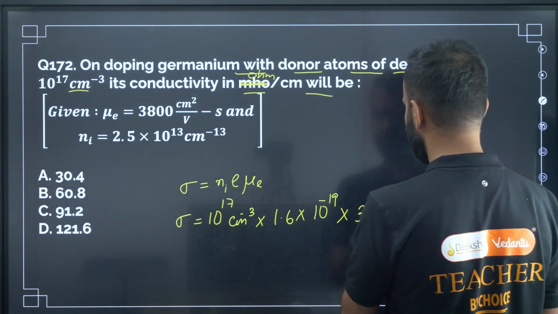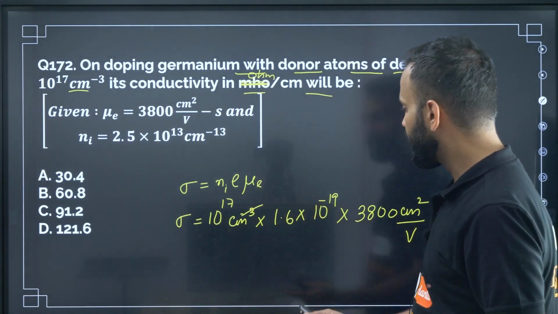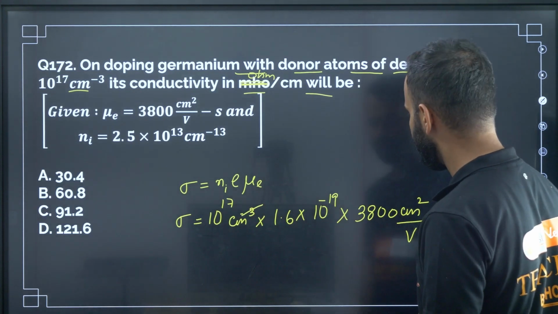Here centimeter square and centimeter cube will get cancelled, so this will be 1 by centimeter, or per centimeter, isn't it?